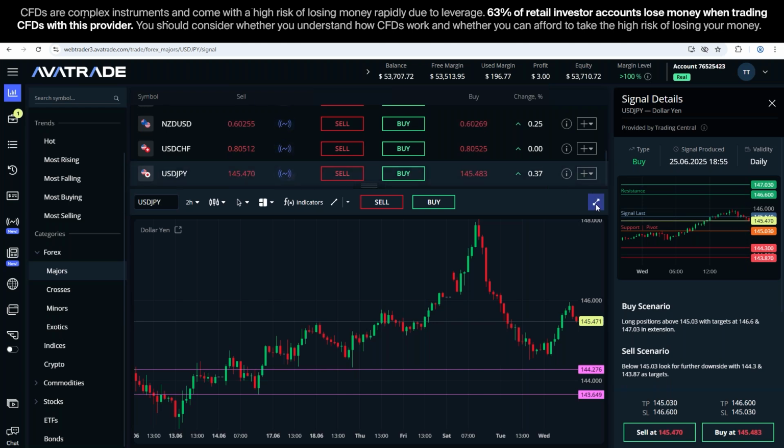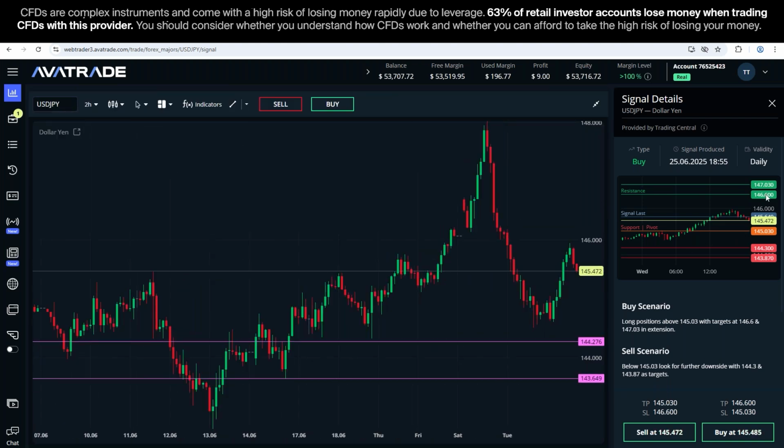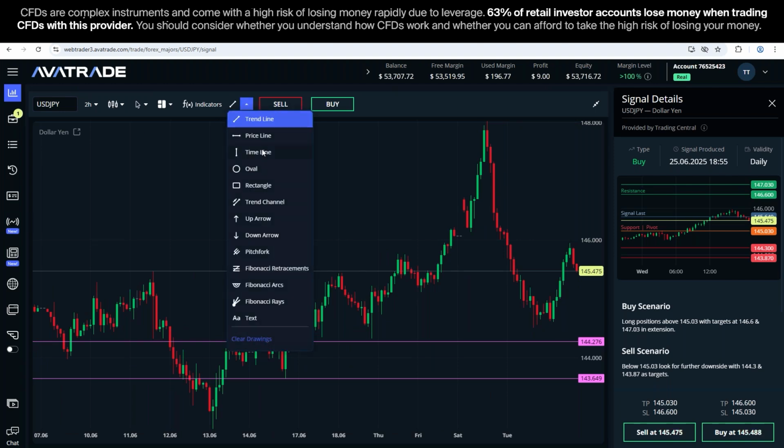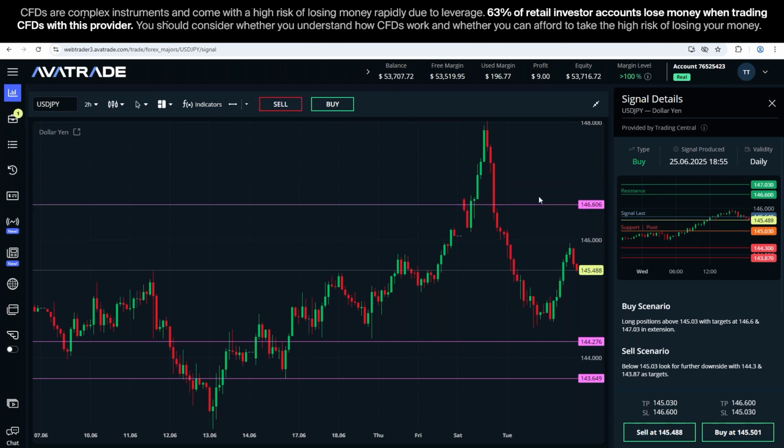So we can look at this chart and draw our own lines. Now 146.6, if we draw that line, that's right about here. Okay, that's the beginning of this take profit zone here, from 146.6 to 147.